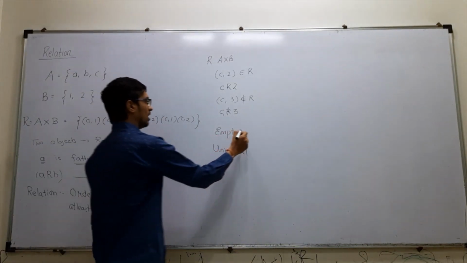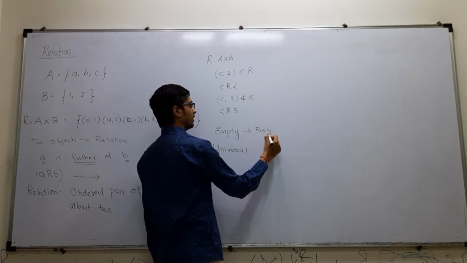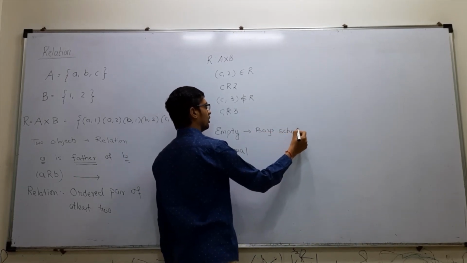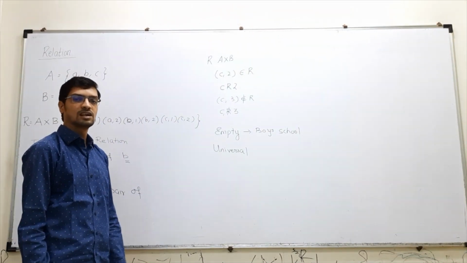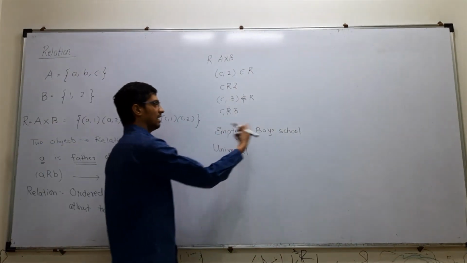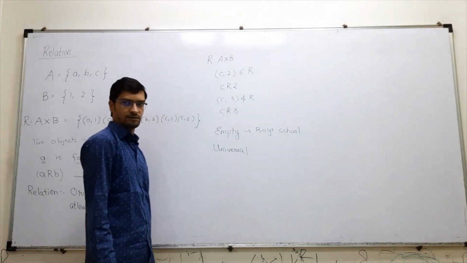If I talk about a boys' school, a school where there are only boys, and I am talking of two sisters, it's highly impossible. I cannot have two sisters in a school of boys. So that relation becomes an empty relation.